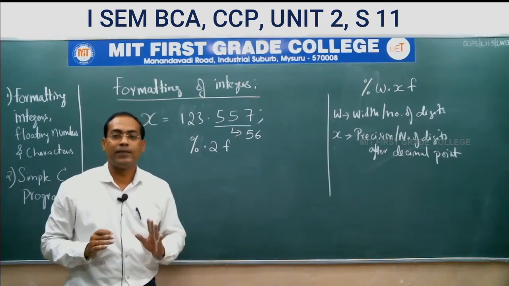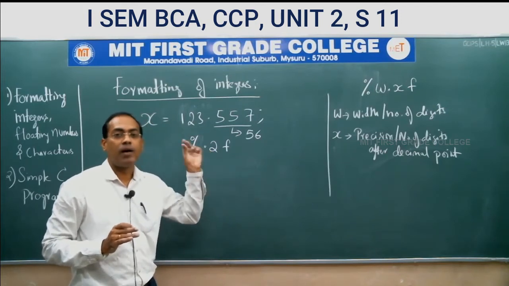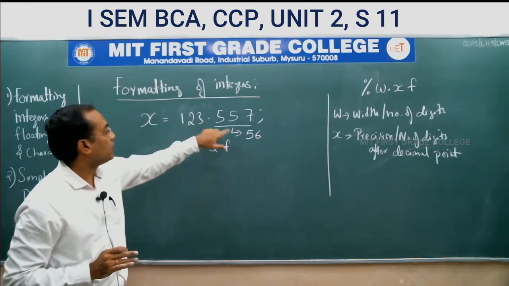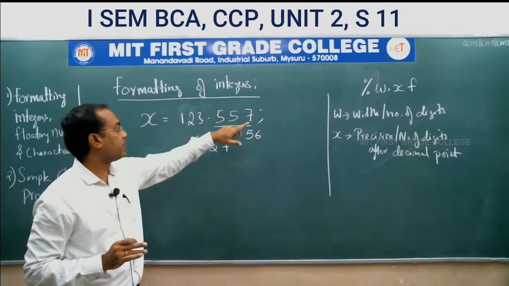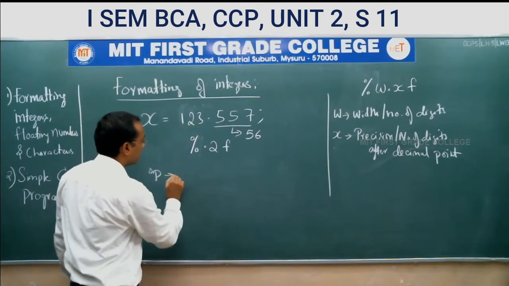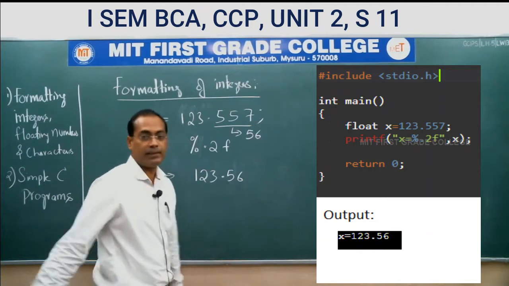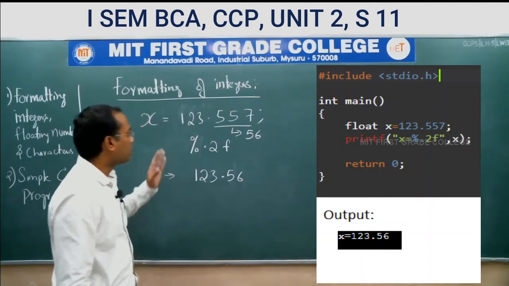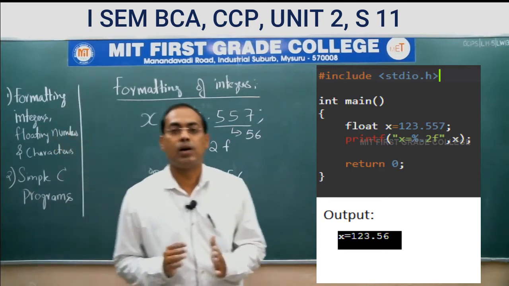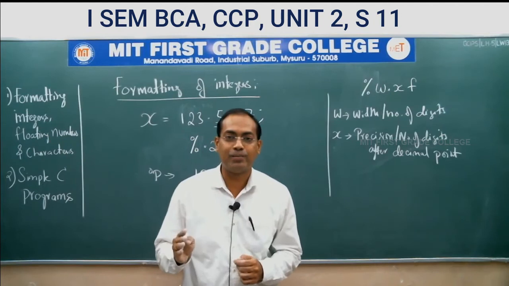We are only giving instructions to format the digits after the decimal point. We want 2-digit precision. So as per this example, 557 will be displayed as 56. So the output will be something like this, 123.56. So students, I hope you have understood the working of formatting of integers as well as floating point numbers.